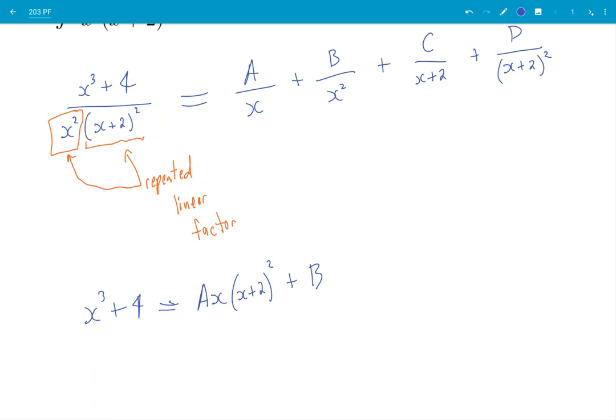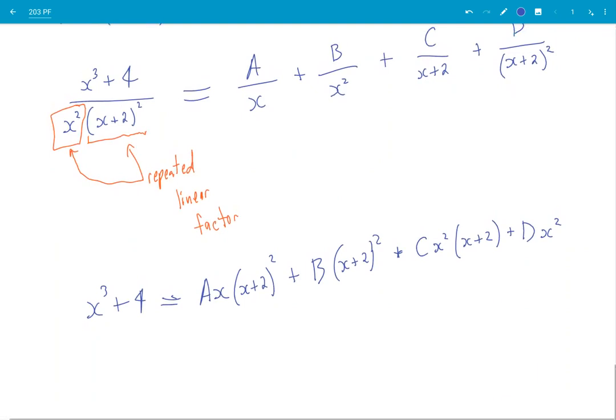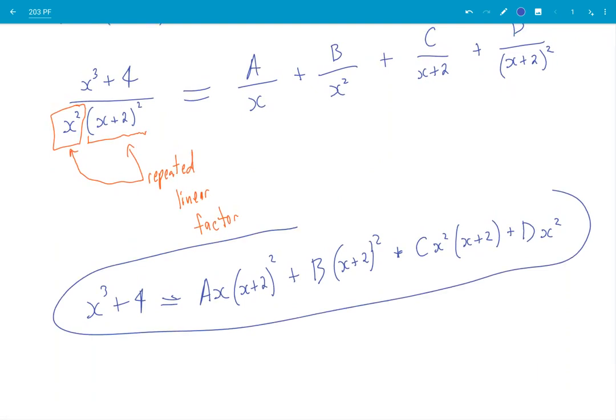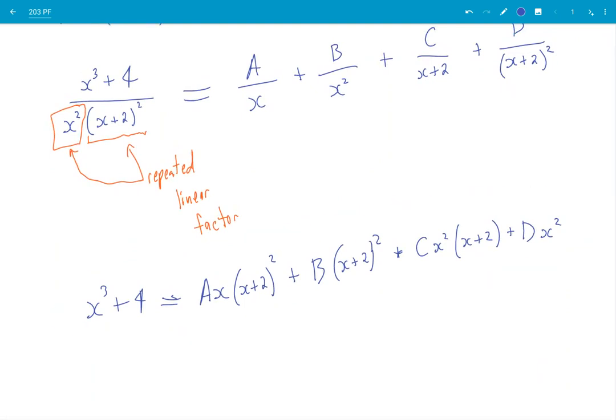So I'll just be left with x plus 2 squared plus c x squared times x plus 2 plus dx squared. So to get this line here, I multiplied to clear fractions.